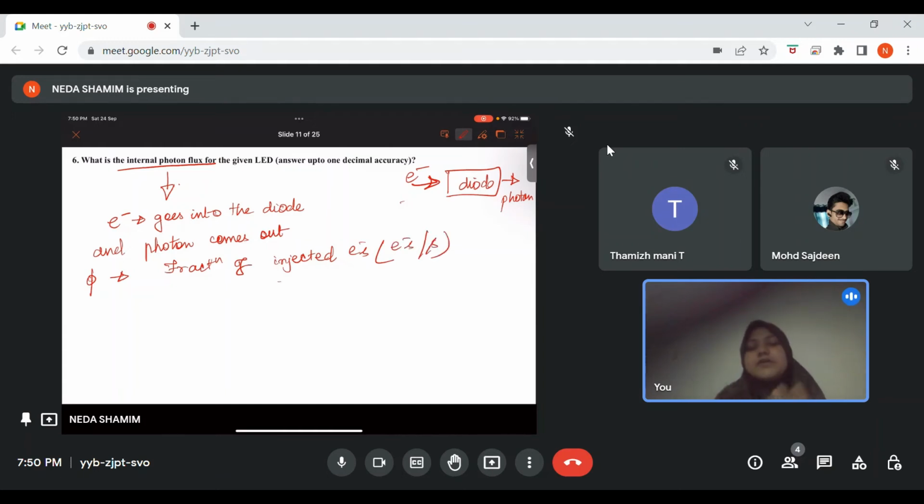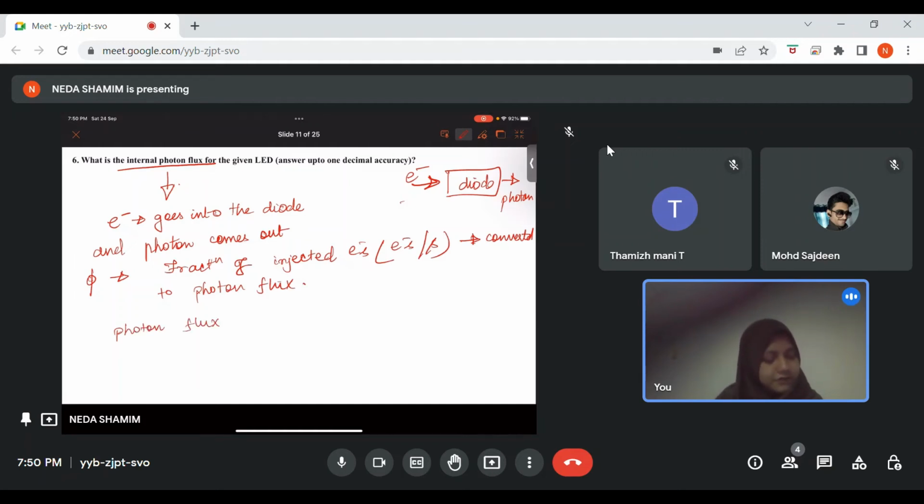How many electrons you are injecting per second, and how much of that is getting converted to a photon flux? How many photons are being generated per second per unit area? So how much electrical current is converted into photon?